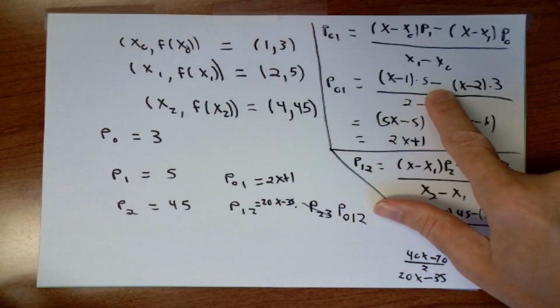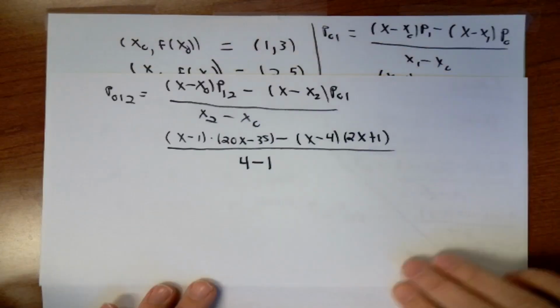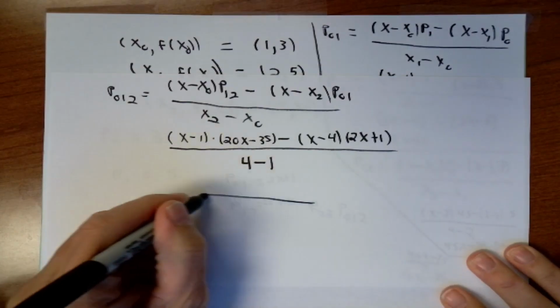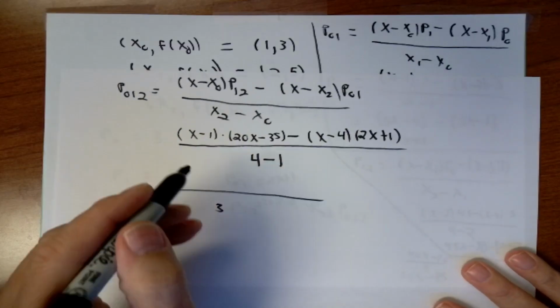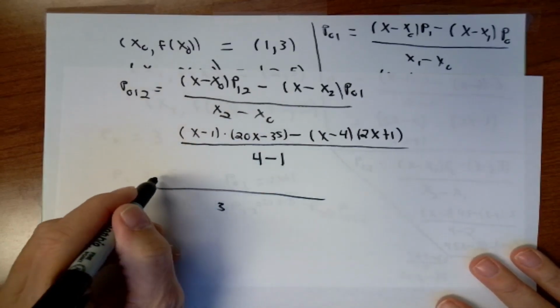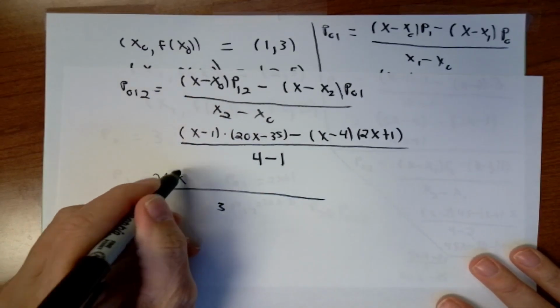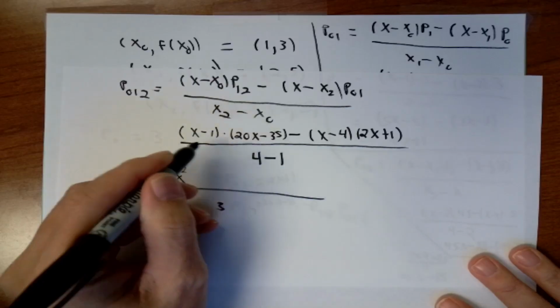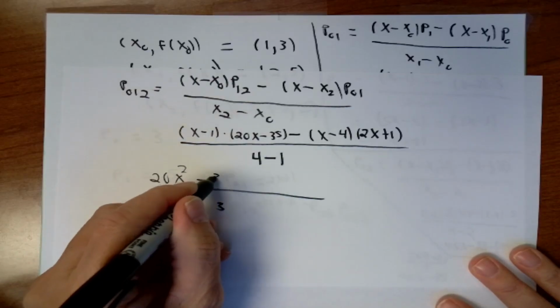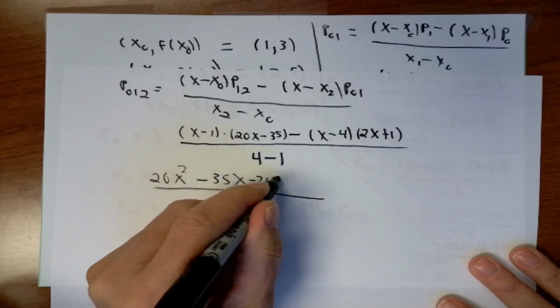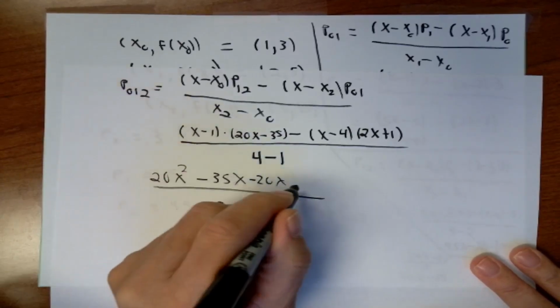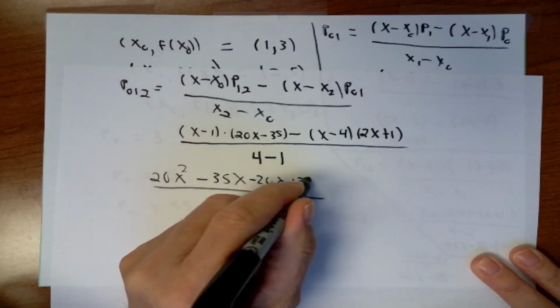Bottom of the fraction is going to be 3. Upstairs, x times 20x, minus 35x, minus 20x, minus minus is plus 35.